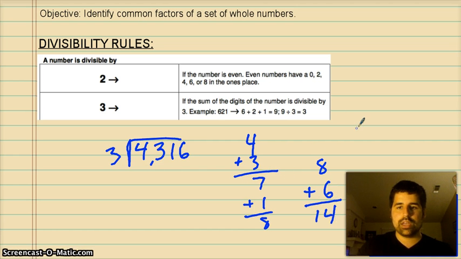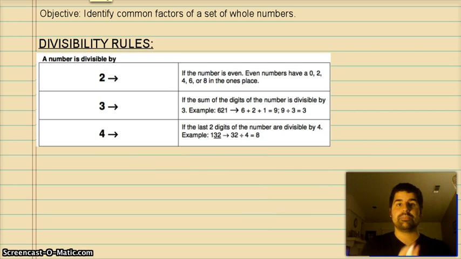Now, will 3 go into 14? Is 14 divisible by 3? Is 3 a factor of 14? No. 3 is a factor of 15, but not 14. So 4,316 is not divisible by 3. So I don't even have to finish this problem of dividing by 3. If it was, then I could go through and find out how many times 3 went in.